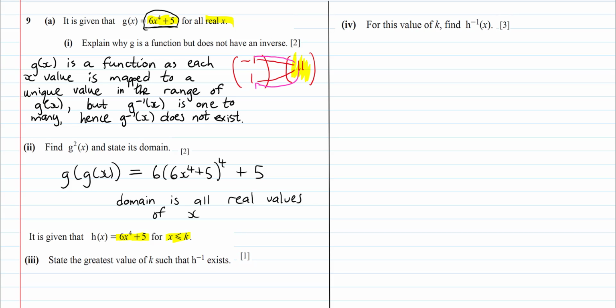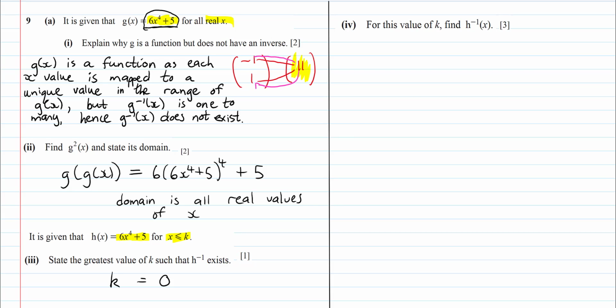So we can't have any positive numbers for k. That means the greatest value of k, such that h inverse exists, is 0. So we have k is equal to 0. That is part 3.